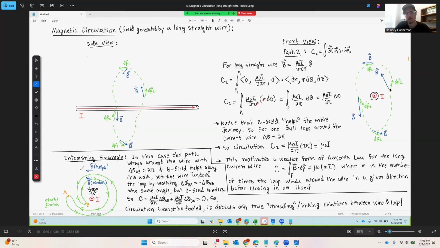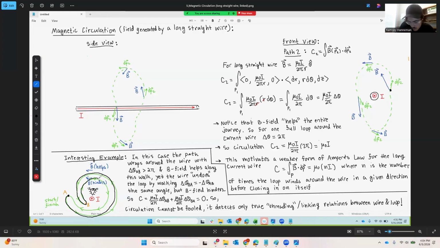And so, yeah, now there's an interesting example here that's going to help us later on with the general case, which is, here we're starting at A and we walk, walk, walk. We're getting helped by the field, helped, helped, helped. We're even passing 2 pi at this point. By the time we get to point B, we've passed 2 pi. But then we turn around and we walk back.